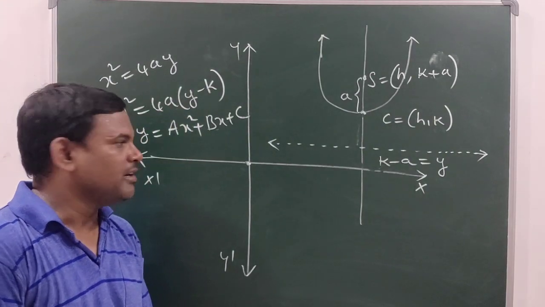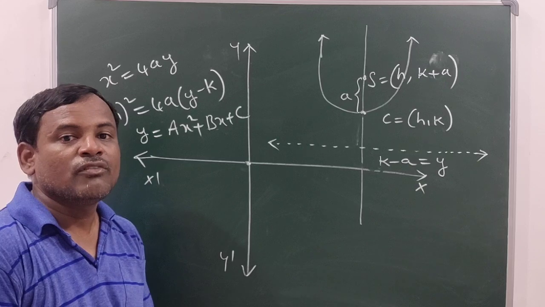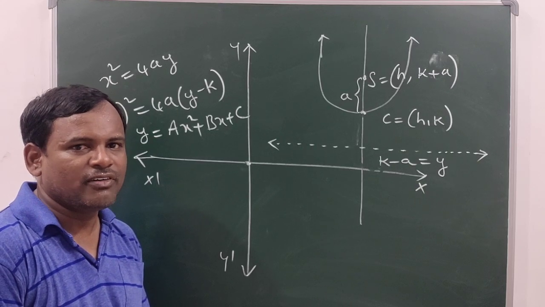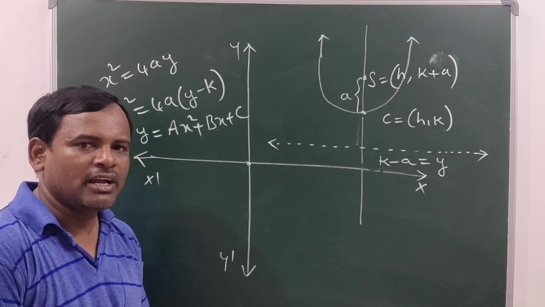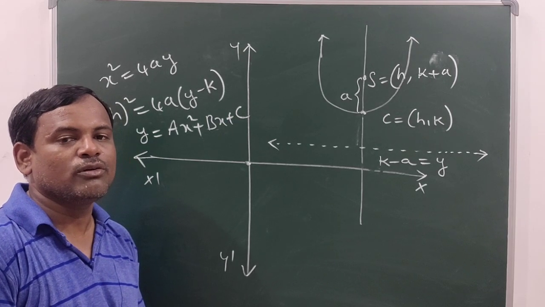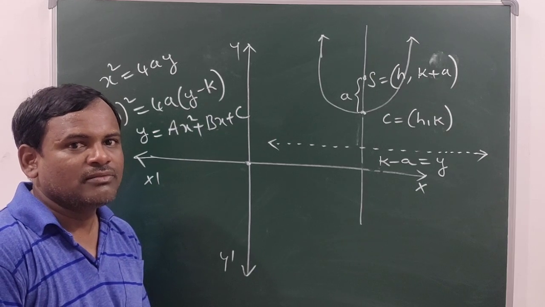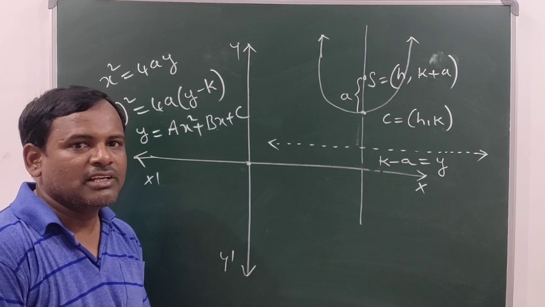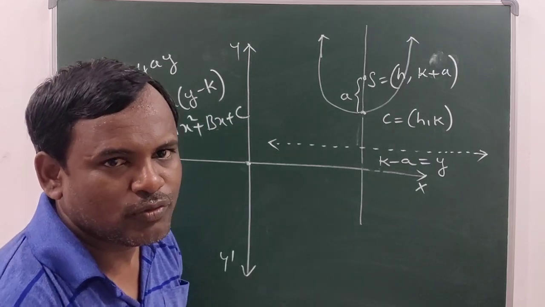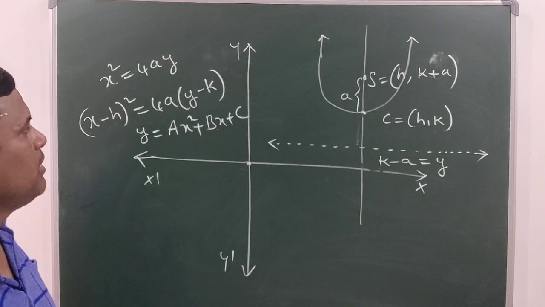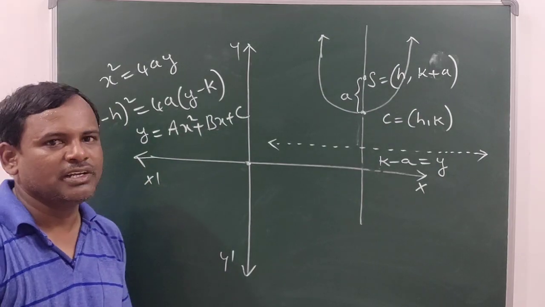Okay, right. Till now we have seen four forms of parabola. One is the standard form y square equal to 4ax, and the second one is x square equal to 4ay. The third one is y minus k whole square equal to 4a of x minus h, and the fourth one is x minus h whole square equal to 4a of y minus k.